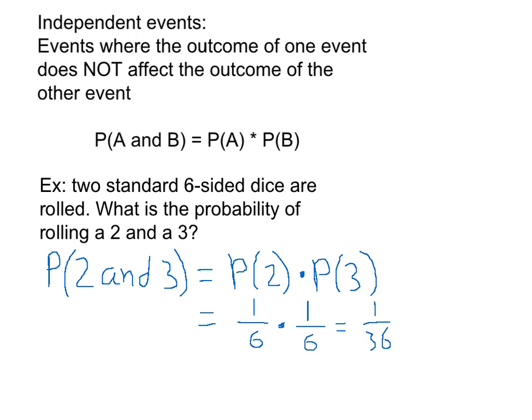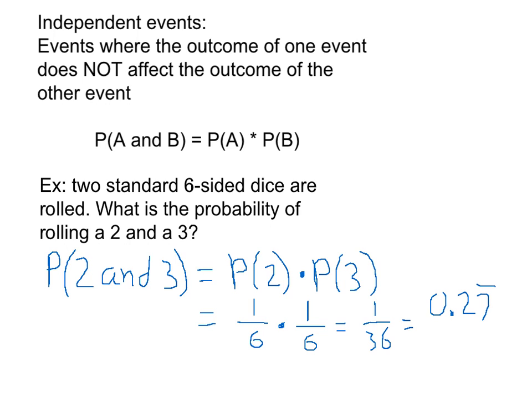For probability, sometimes you like to leave your probability as a fraction, saying I have a 1 in 36 chance of getting a 2 and a 3. Or I could convert this into a decimal, which is 0.027, and the 7 repeats.